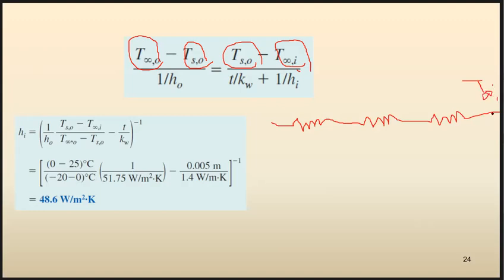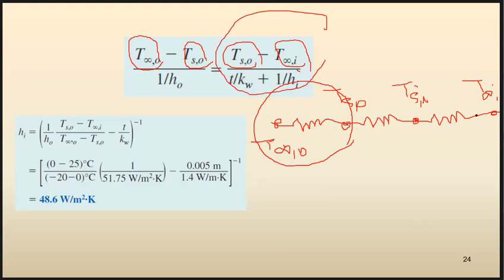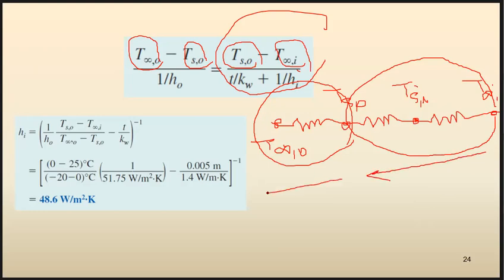T infinity I, T S i that I don't have access to, T S O that we know the value of, T infinity O. So this equation, the left-hand side, is based on this part of the thermal resistance, and this equation is based on this part of the resistance. So you see, I'm sort of escaping T S i. I don't really need T S i.